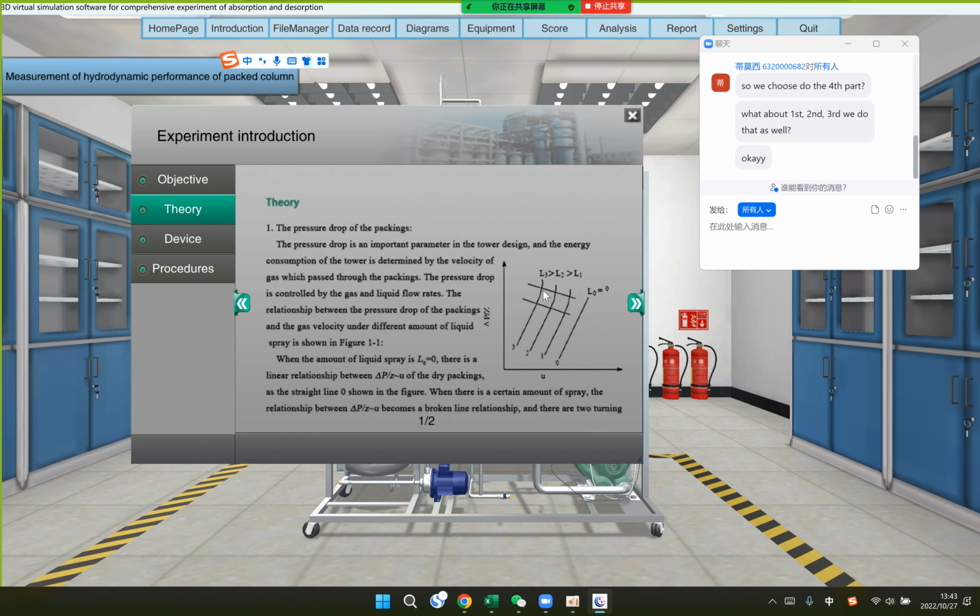So in this zone, we may find the appropriate operation condition for the absorption tower operation.